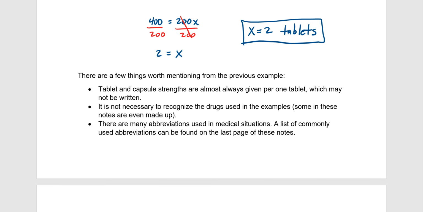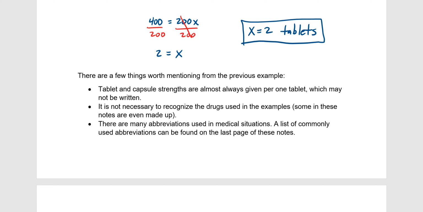Okay, so a few things that are kind of worth mentioning here. Tablet or capsule strengths are pretty much always given per 1 tablet, even if it's not written. And it's not necessary to recognize the drugs used in these examples. In fact, some of these drugs in the examples are just straight up made up drugs.